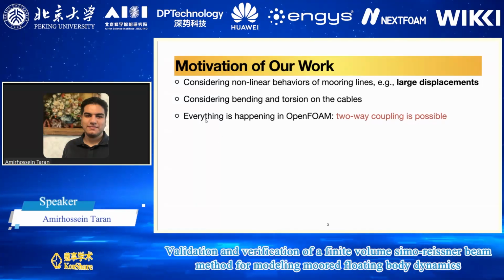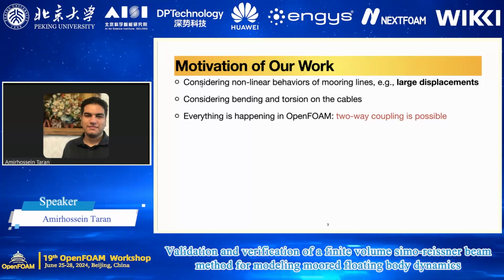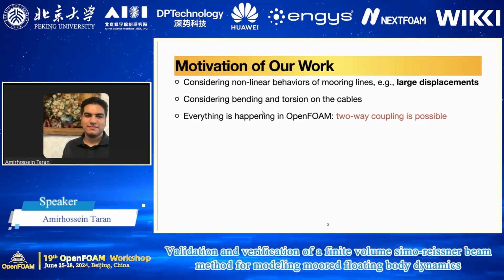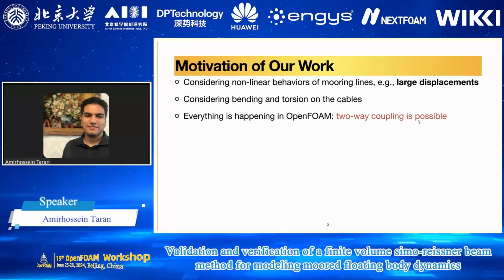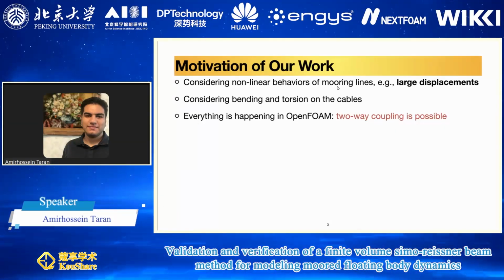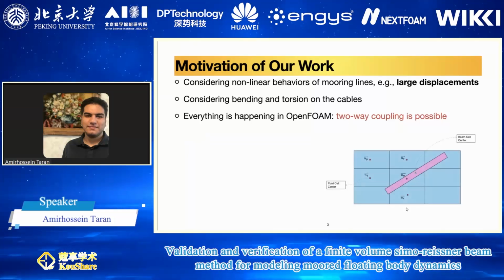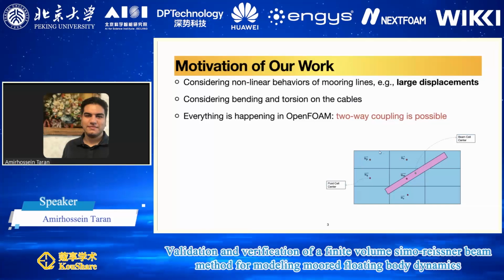This seems to be less important than the first and second ones. But if you think more of it as a tool which can lead to two-way coupling, you can see that it's as important as the first two. By two-way coupling, I mean that the beam can also sense the surrounding fluid.